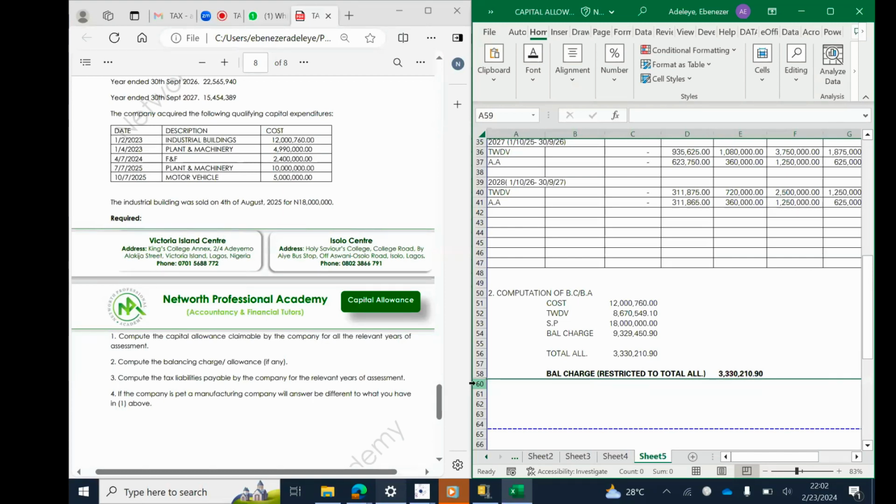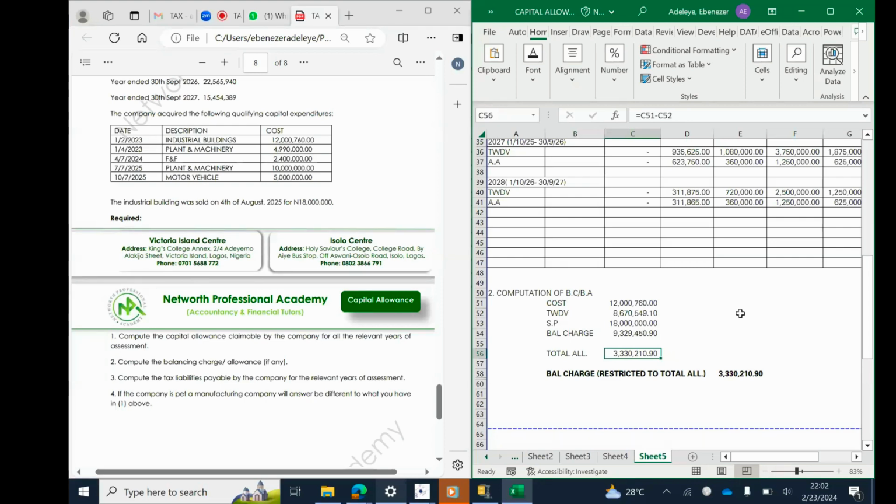That is the reason why after I compute the balancing charge here, I now computed the total allowance that the asset has enjoyed throughout the years. And how did I get that? The total allowance that the asset has enjoyed can be easily calculated by saying the cost minus the tax written down value.